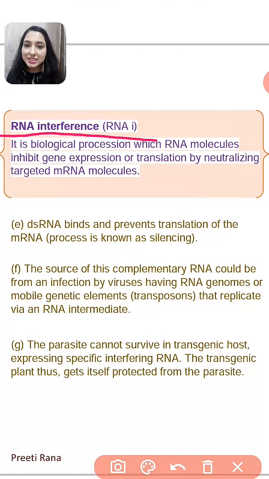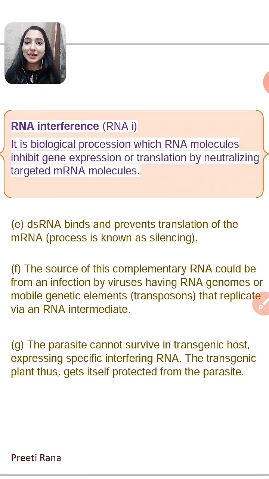RNA interference is a biological process in which RNA molecules inhibit gene expression or translation by neutralizing targeted mRNA molecules. Double-stranded RNA binds and prevents the translation of mRNA, and the source of that double-stranded RNA could be infection from any virus containing an RNA genome or from any mobile genetic elements that replicate by RNA intermediates.